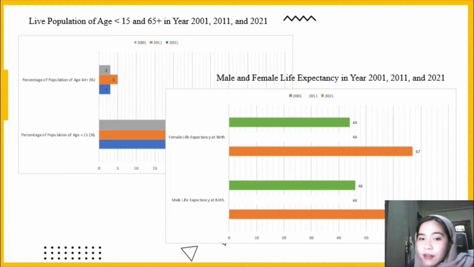For the male life expectancy at birth, in 2001 is 46 years old, and then in 2011 naging 44, and then in 2021 naging 64. So basically mas tumagal na yung life expectancy ng both male and female in 2021, pero higher pa rin yung sa female during 2021. So yes.